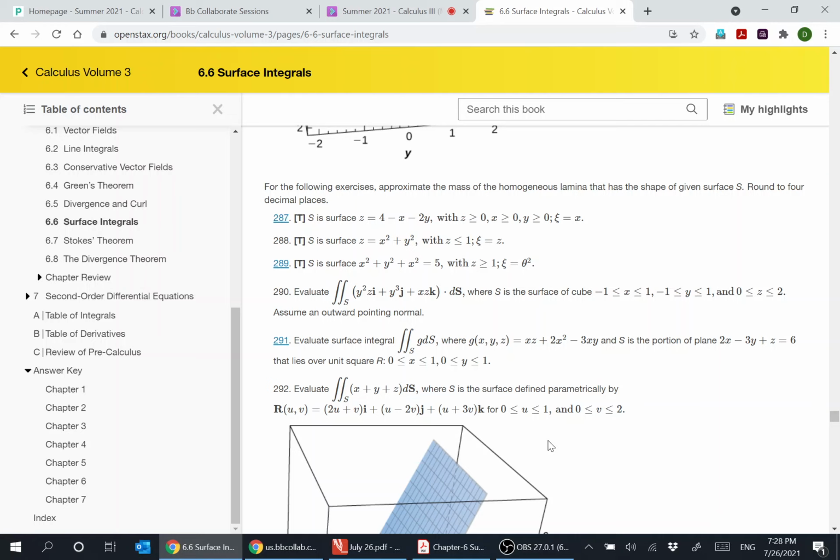So this is xz plus 2x squared minus 3xy.